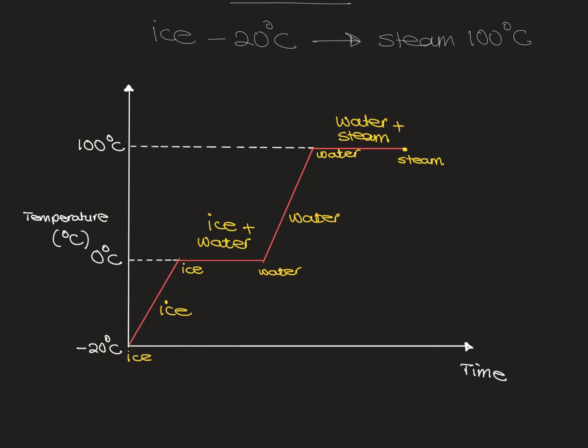We have 4 stages. This is stage 1, this is stage 2, this is stage 3, and this is stage 4. So we will now move on to calculate the individual energies involved in each stage.